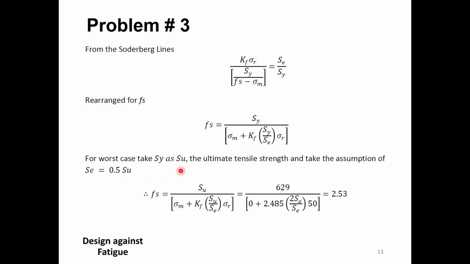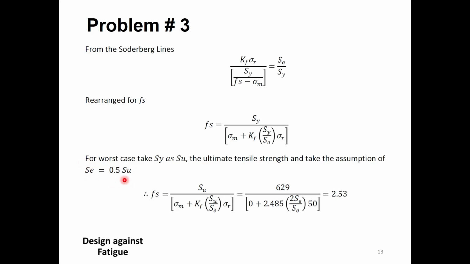In this case, S yield was not given to us, so we're going to consider the worst case scenario, that S yield is equal to S ultimate, and also we're going to assume that the endurance strength of the material here is equal to 0.5 S ultimate based on the chart in the lecture.